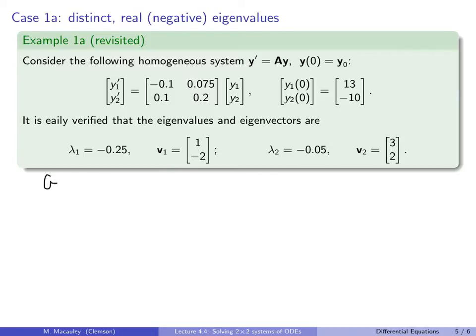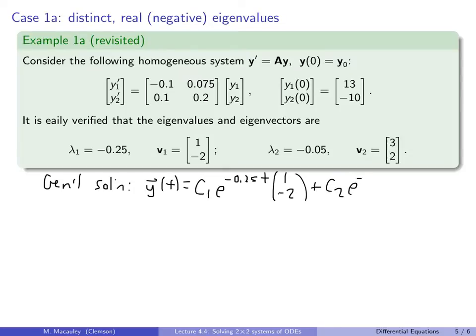So the general solution is y of t equals c1 e to the negative 0.25t times (1, negative 2) plus c2 e to the negative 0.05t times (3, 2). So this is the general solution.